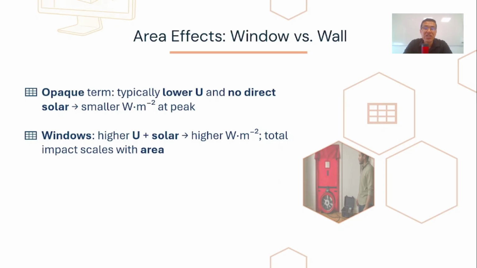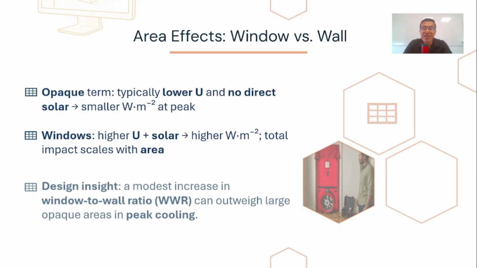It has a higher U value and during the day a significant solar gain term. When you add these two together, a sunlit window can have a much higher heat gain per square meter than the wall. This is why even a relatively small window can have a disproportionate impact on your building's total heat load. The total heat gain from the window is its intensity, watts per square meter, multiplied by its area.